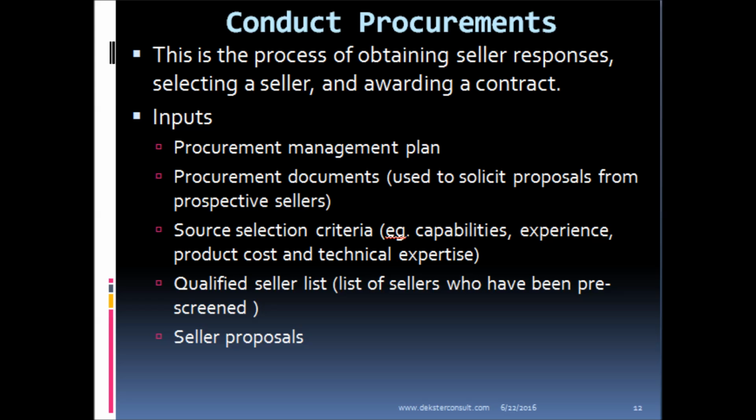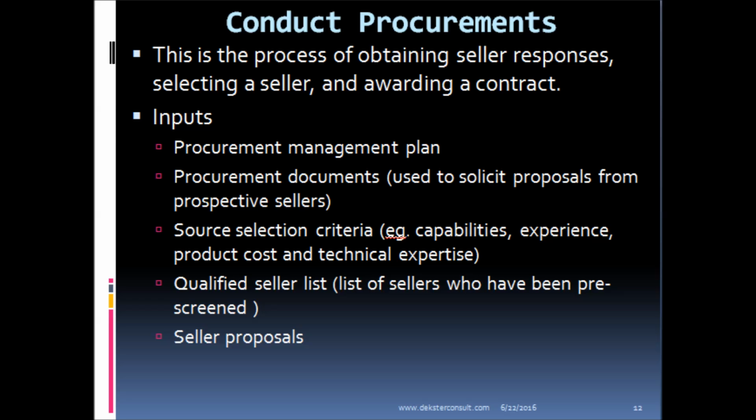Our next process is the conduct procurement process. And this is the process of obtaining seller responses, selecting a seller, and awarding a contract. It means that from planned procurements, we have decided to procure. So we send out advertisements and we ask sellers to respond.